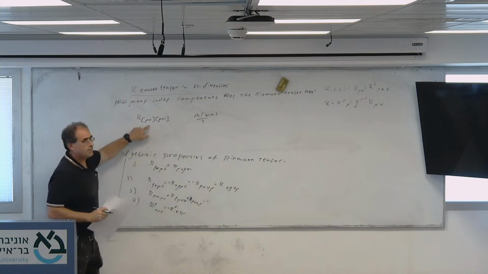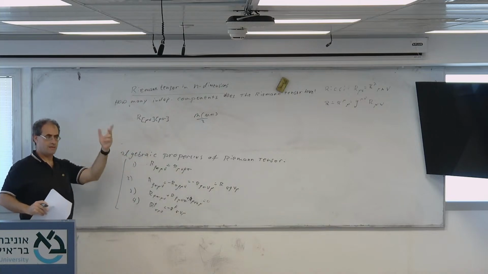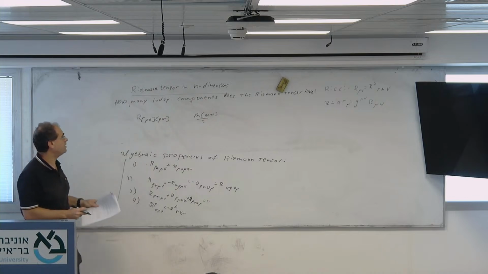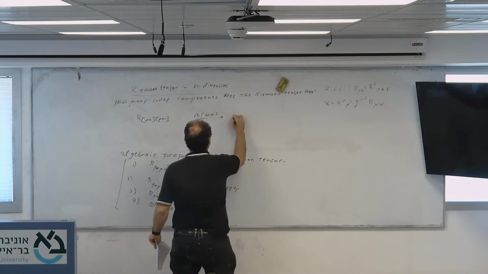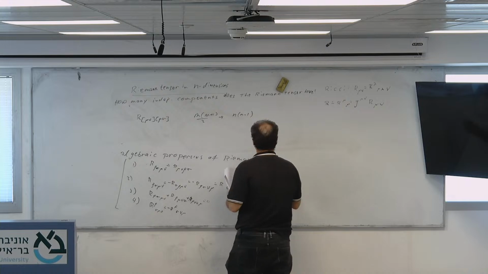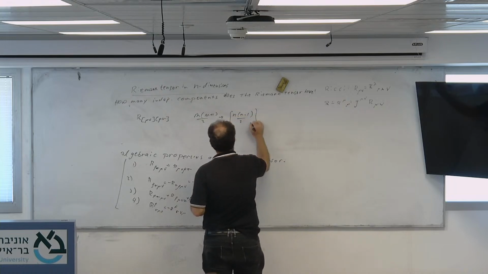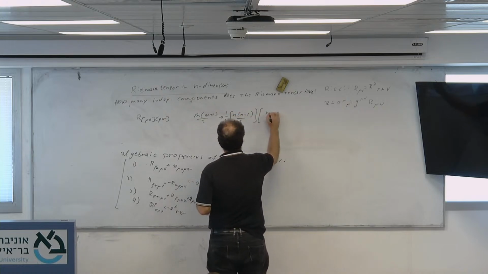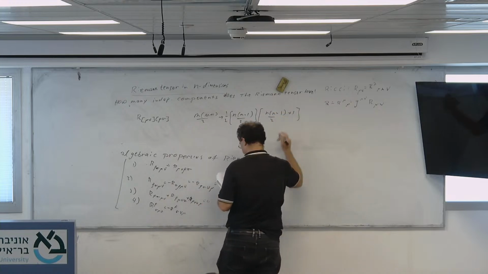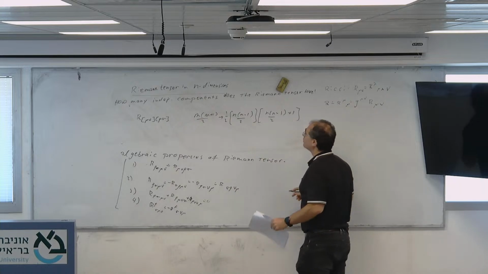Now I'm looking at this M, which contains 2 indices which are anti-symmetric. So how many independent components will it have? Same, minus 1. So what this gives me is n(n minus 1) over 2, times n(n minus 1) over 2 plus 1, over 2.